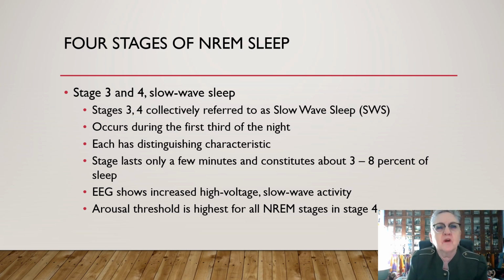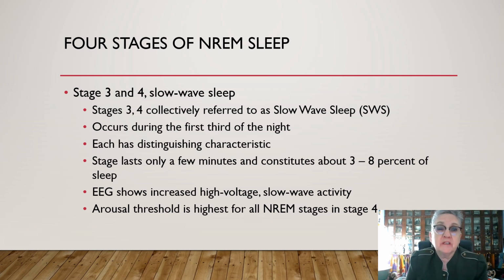Stages 3 and 4 are collectively referred to as slow wave sleep. We used to differentiate between 3 and 4 when we were doing scoring, but they consolidated that scoring method so that we just score slow wave sleep. It occurs during the first third of the night.